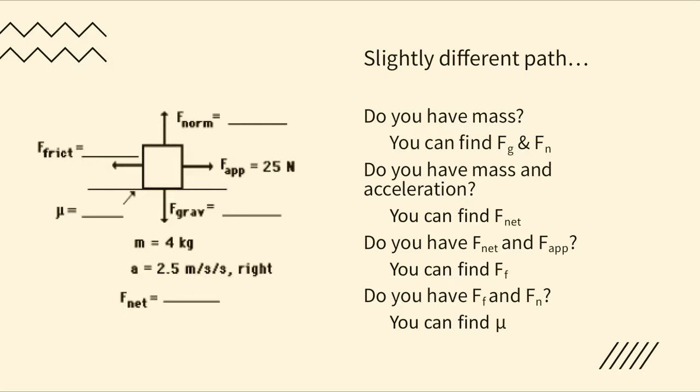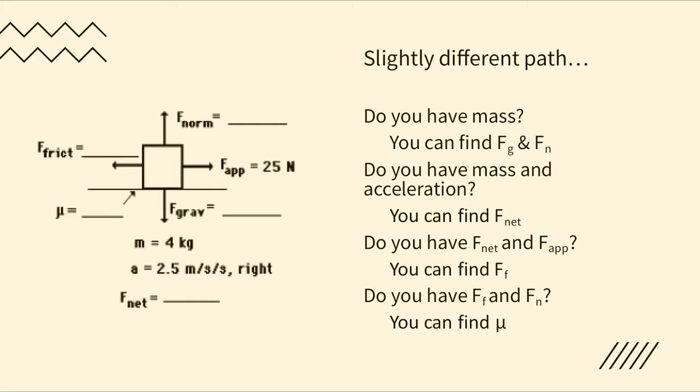So once we have net force and we already have force applied, it goes back to what we were doing before learning equation 8, which was that we could find force of friction through our net force equation. So there's a different way to solve for it. You don't have to always use equation 8 to find frictional force. And finally, once you have frictional force and the normal force, you can solve for the coefficient of friction.